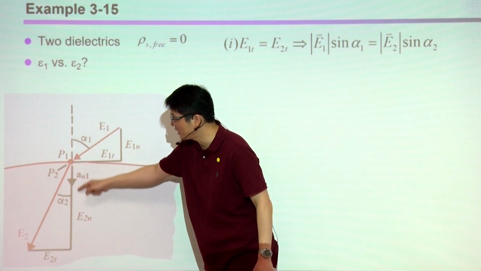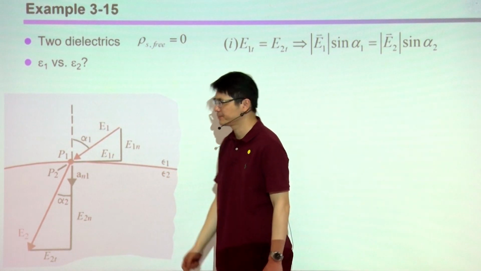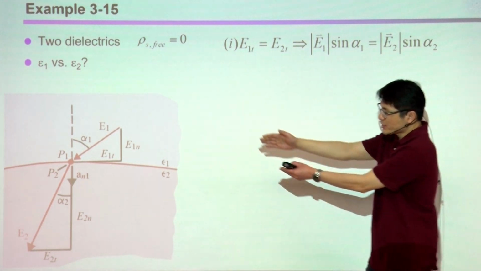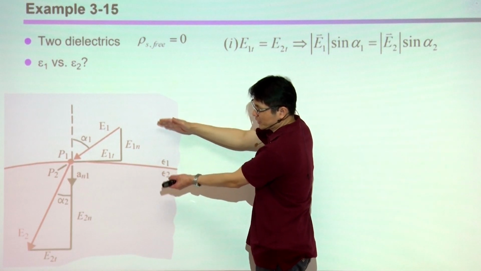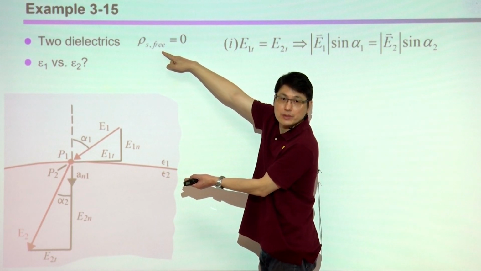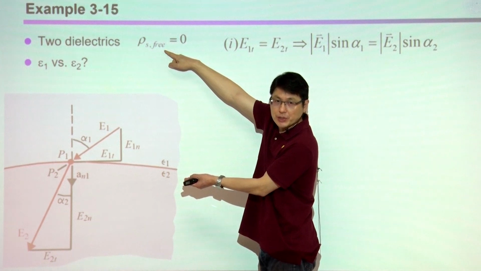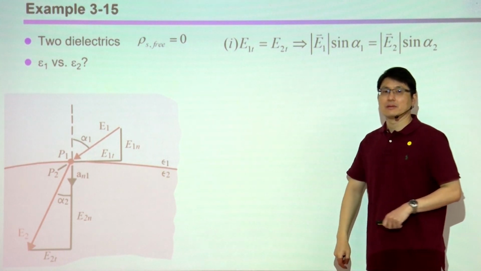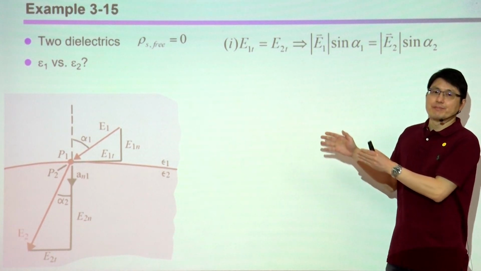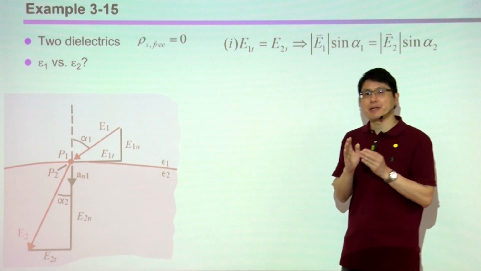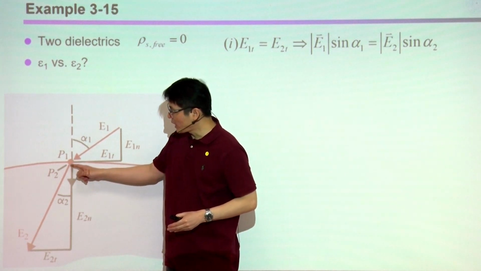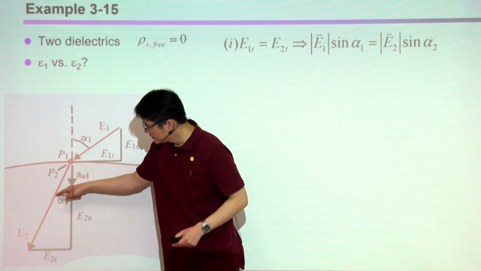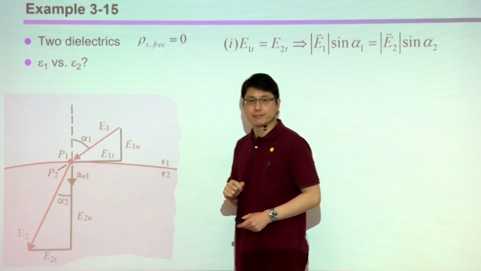This dashed line is the surface normal. And these are two perfect dielectrics, so there is no surface free charge density. With all this information, you are supposed to be capable of deriving the field strength and the angle in the second medium.